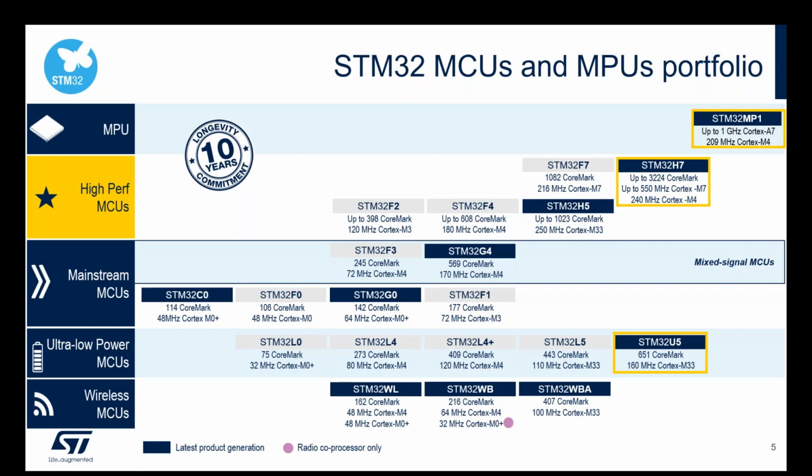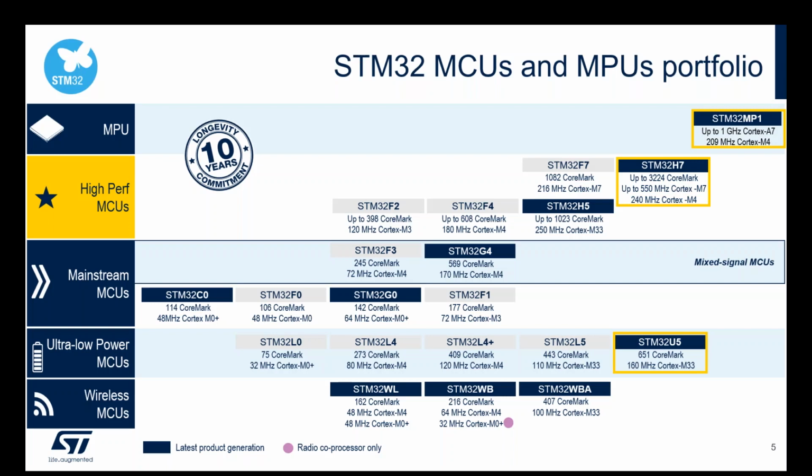Secondly, we have the STM32H7 series, a very versatile, high-performance STM32 series, which we continuously enrich with new sub-series. This one also embeds Chromart, as many of you may know, a JPEG codec and such, and it will be enriched in the future with newer graphics capabilities.